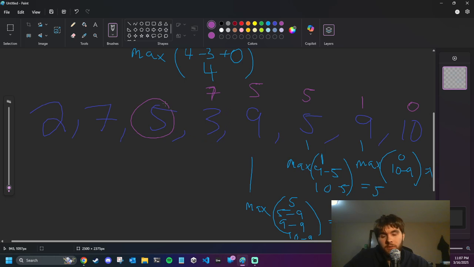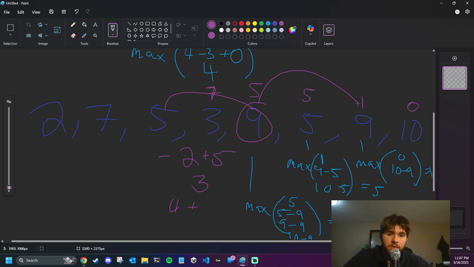Okay, so now here, we'd be able to look at all of these. So this would be negative 2 plus 5, which is 3. This would be 4 plus 5. Wait, we sell here, so then we would get this one. So this would give us 4 plus 1. So this would give us 5.